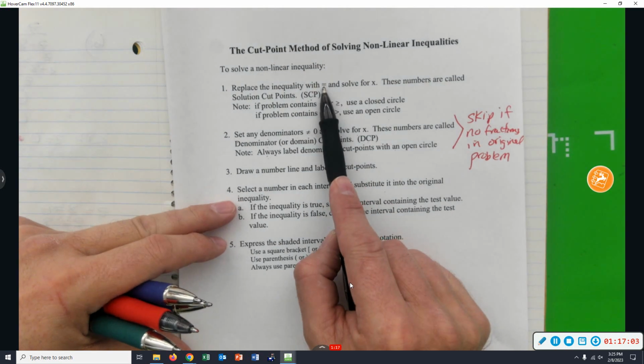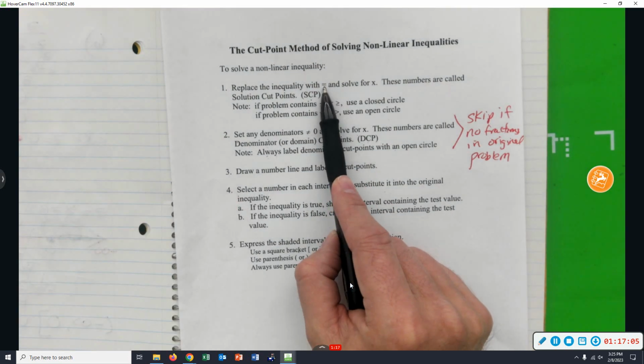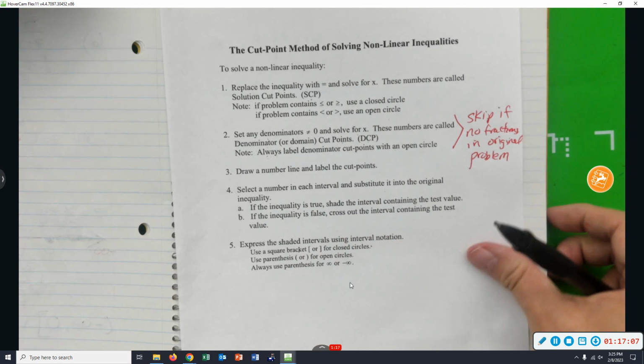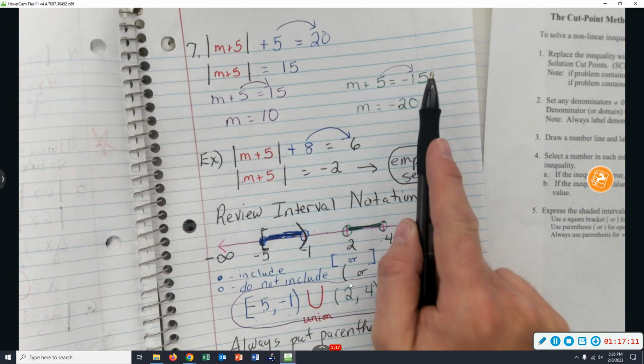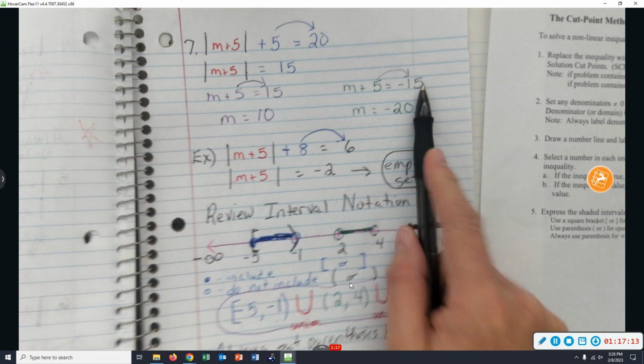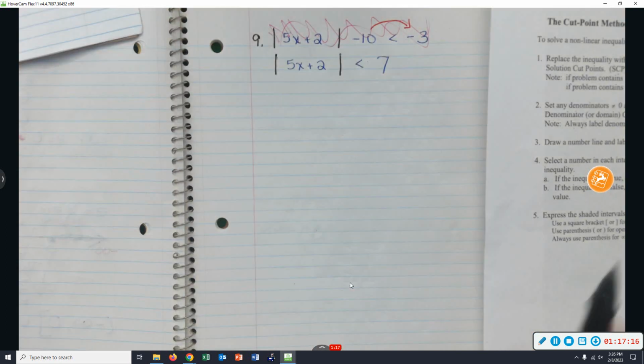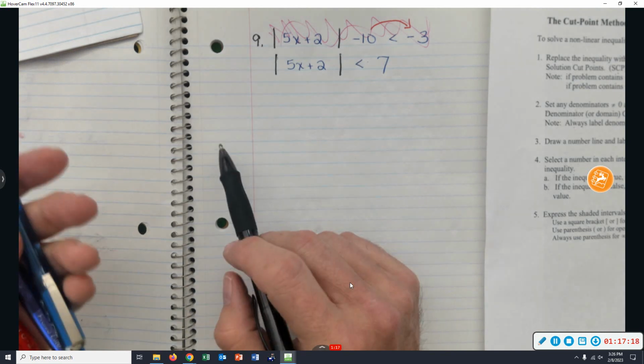So first step, we're going to solve it as if it were equal. And you remember how we did this when it was equal the last time. We'd go equal to positive and equal to negative.